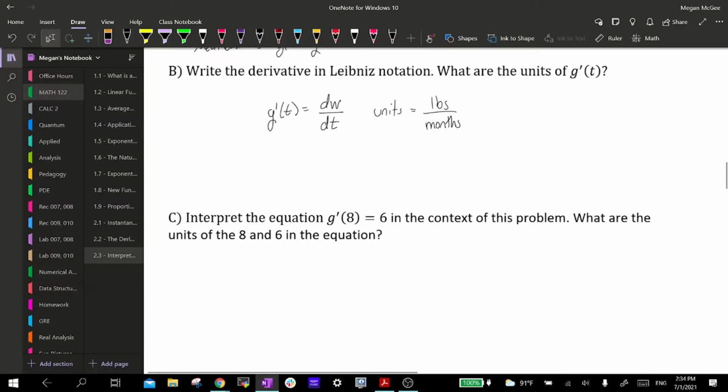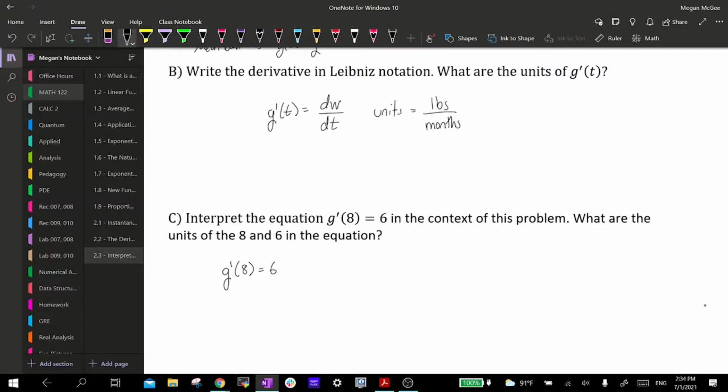Alright, part C asks us to interpret G prime of 8 being equal to 6 in the context of this problem. And then what are the units of the numbers 8 and 6 in the equation? So let's see here. We have G prime of 8 is equal to 6.